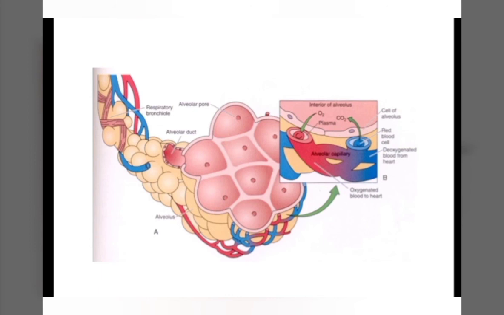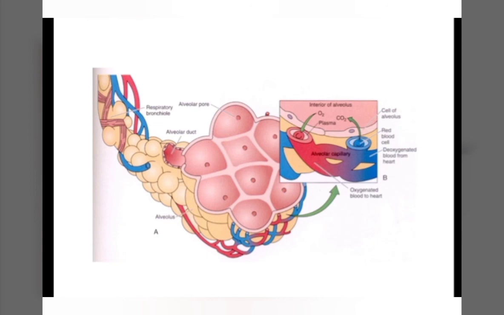Within the lungs, the pulmonary arteries give branches which follow the bronchial tree. At the level of the respiratory bronchioles, these branches of the pulmonary artery give rise to a very rich capillary network, and this capillary network lies in the interalveolar septum.